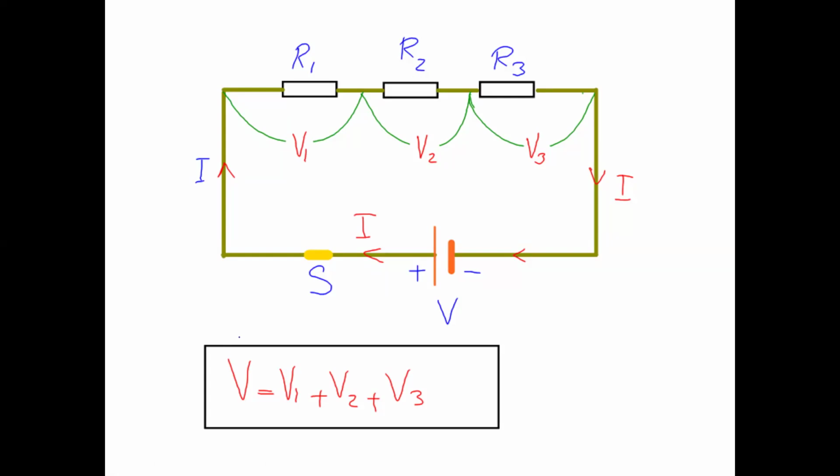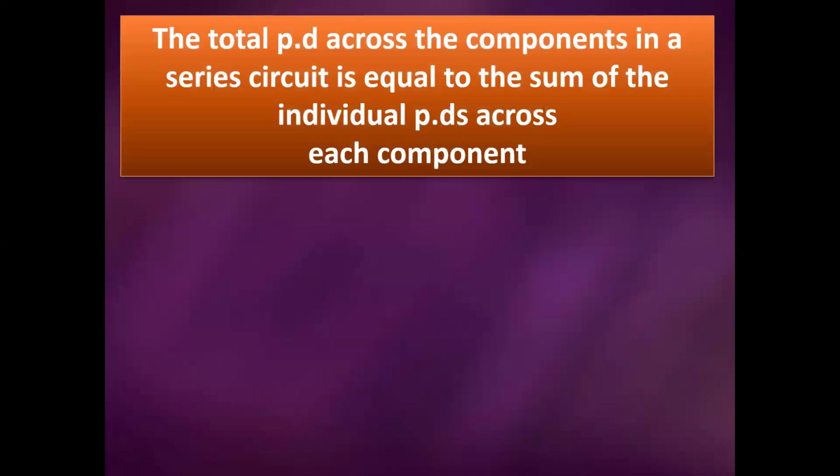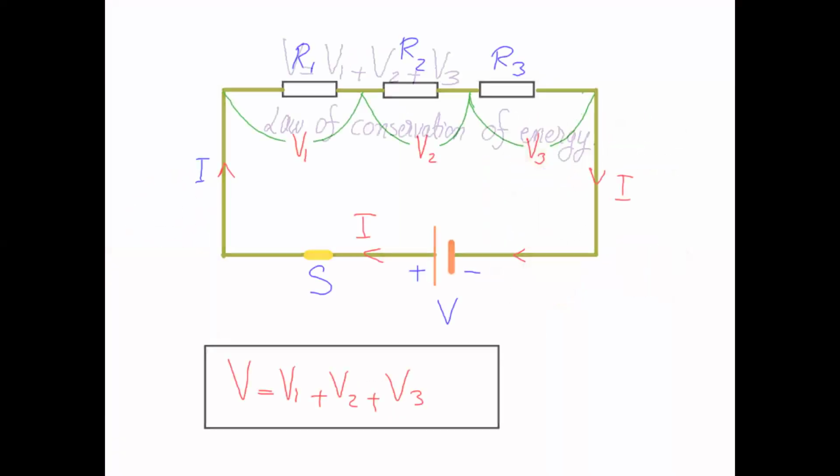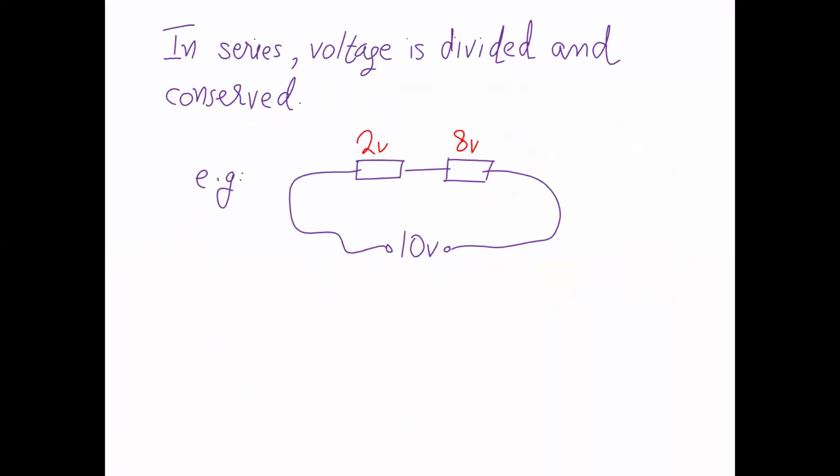Okay, have you copied it? Yeah. So what is the theory? You have to memorize that in series, voltage is divided and current is same, and voltage is divided and conserved. So this is a combined theory.